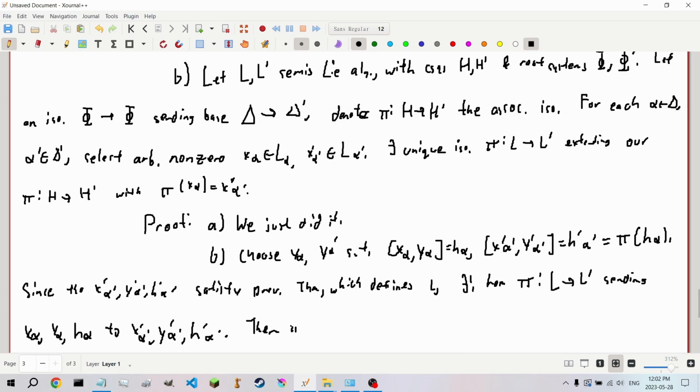And then this pi extends our pi from H to H prime.